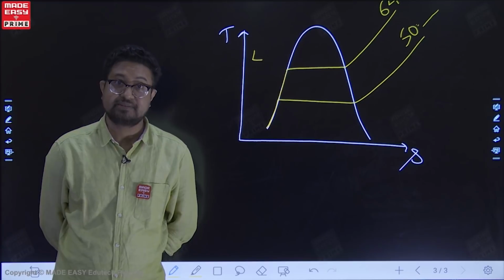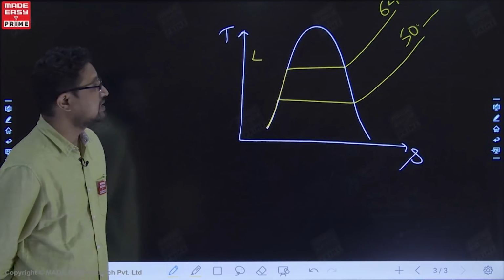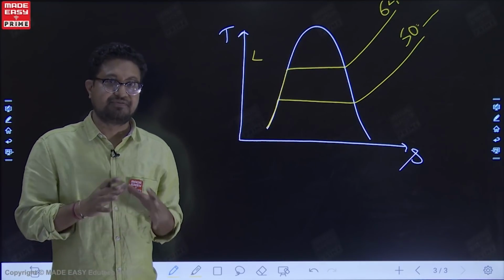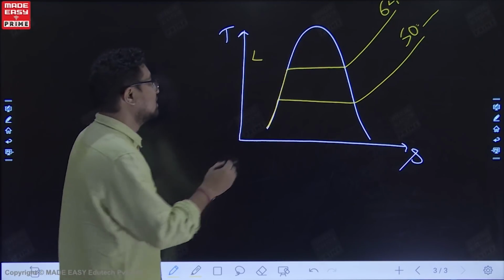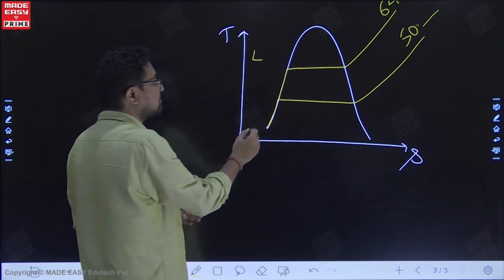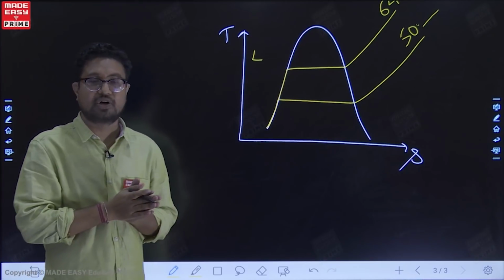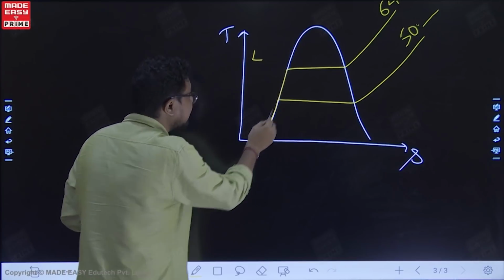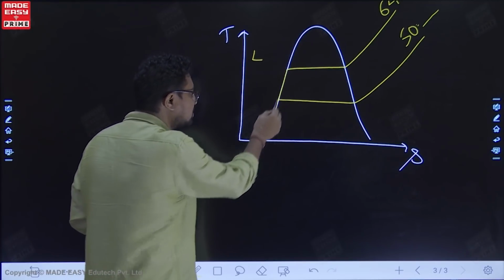So what is correct? See, if we look at the experimental data, the constant pressure curves in the liquid region are almost coinciding with the saturated liquid curve.